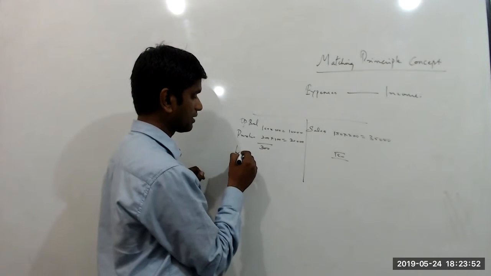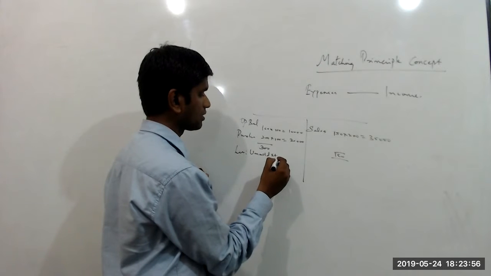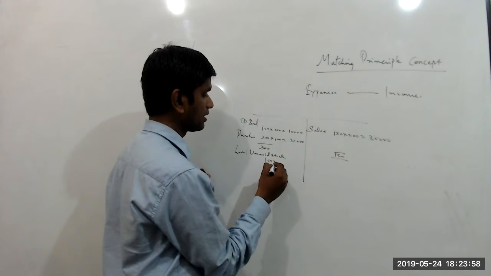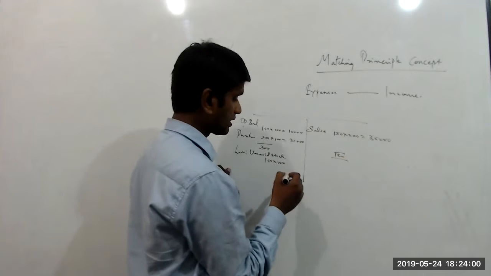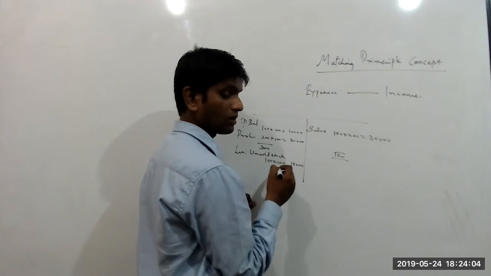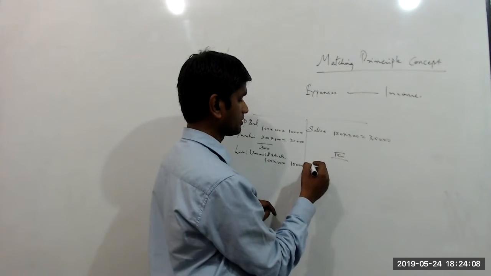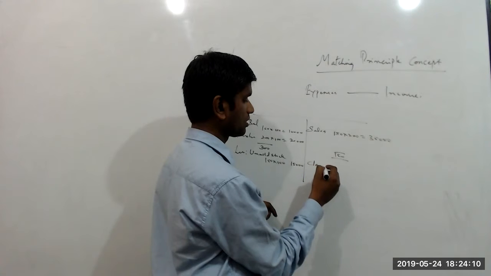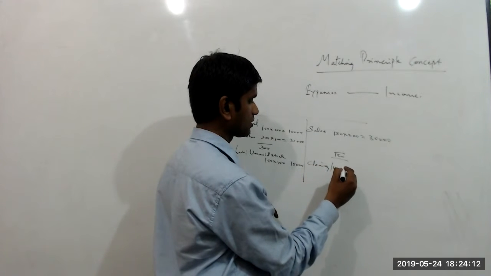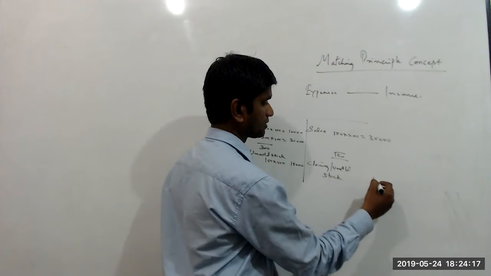How do I reduce this? Either I can say less unsold stock of 150 quantity at the rate of 100, that is 15,000, or otherwise I can move this to the right hand side with a positive figure, that is closing stock or unsold stock 15,000.